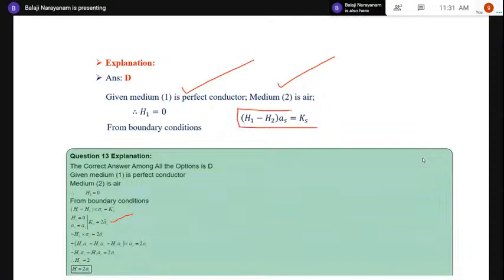So it is the boundary between the two media, the perfect conducting medium and the air medium.